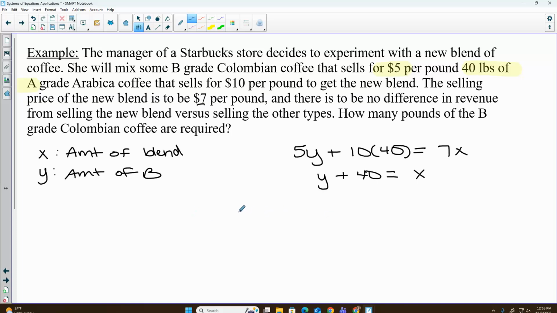Substitution. So I would say 5y plus, can I go ahead and multiply my 10 and my 40? 400 equals 7 times x, but let's go ahead and replace that x with y plus 40.